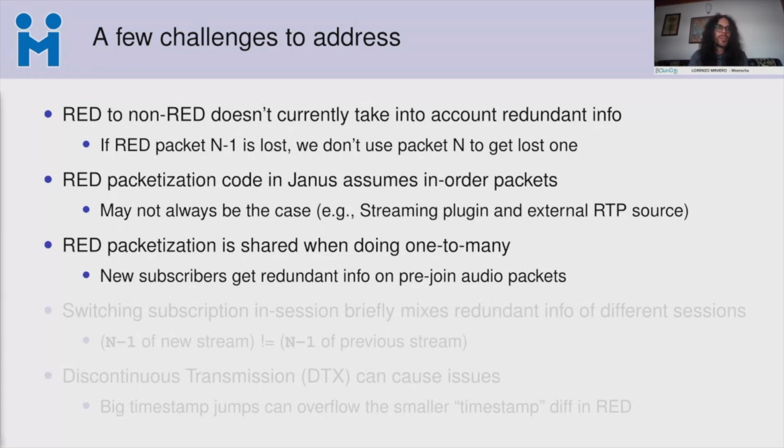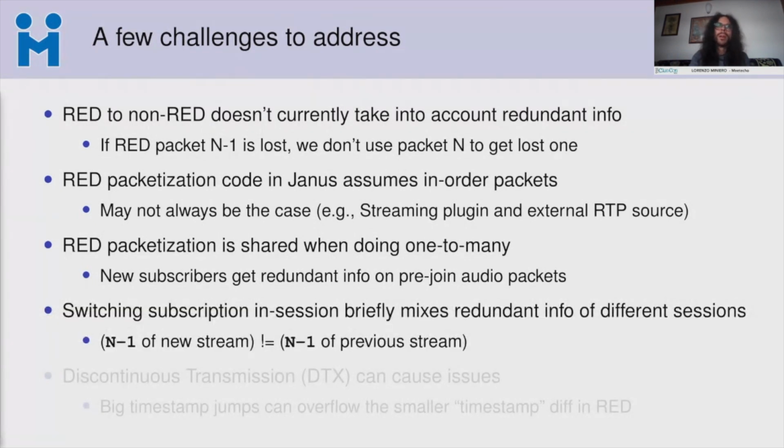And this is, of course, mostly for efficiency, because we don't want to do the same job over and over for all the people that are interested in this. But it may lead to some issues if, for instance, there are new subscribers that join and that immediately receive a red packet that contains redundant information for packet that they never received before. Which doesn't seem to be an issue in the test that we made, but it's definitely something that we need to take into account.